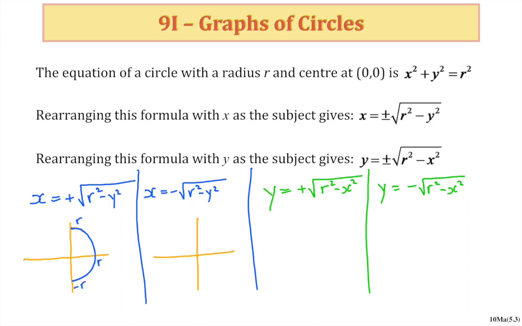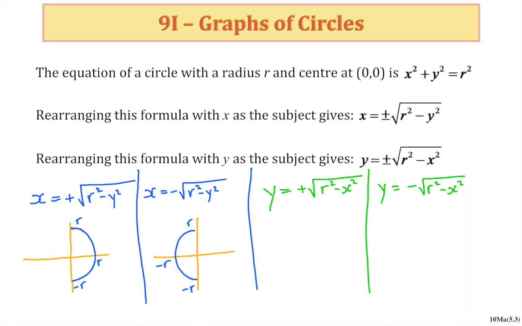If I look at the second one, it's a semicircle on the left hand side, and its radius is still r. If I was to combine this one and this one together, I would end up with the right semicircle and the left semicircle on a graph, and that would give me the full circle.